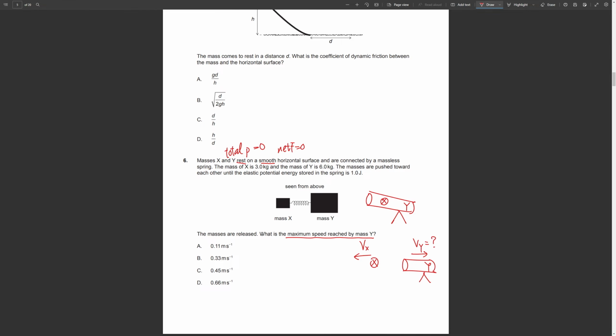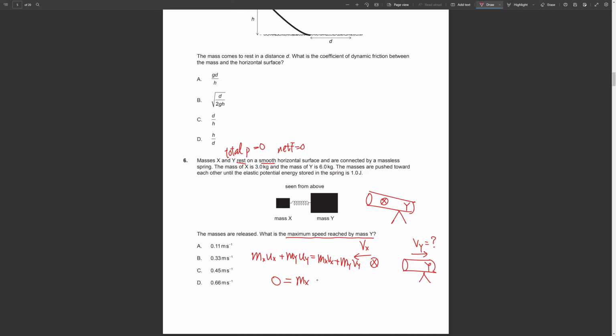Because of the conservation of momentum, let's write the equation as follows: mx ux plus my uy equals mx vx plus my vy. u stands for the initial velocity, v stands for the final velocity. On the left-hand side, everything is zero because they were stationary.